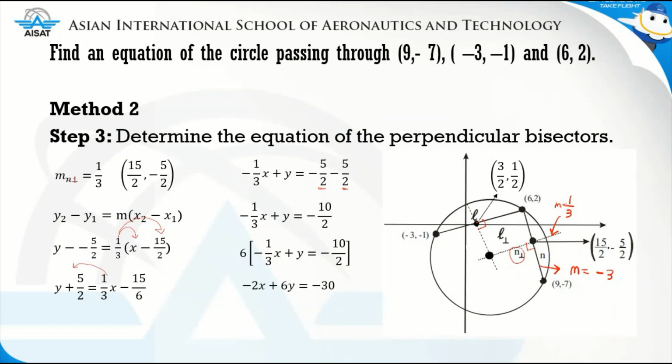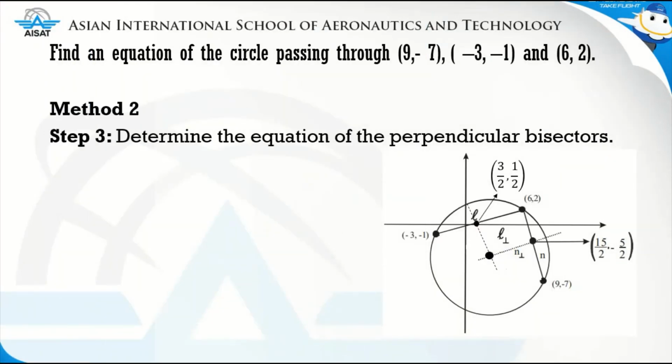Simplifying that, 6 times negative 1/3 is negative 2x, plus 6 times y is 6y, is equal to 6 times 10 is 60 divided by 2, so that's negative 30. All of the coefficients are divisible by 2, so we can simplify it down to x minus 3y is equal to 15. Next is we have to get the equation of the perpendicular bisector to line L.